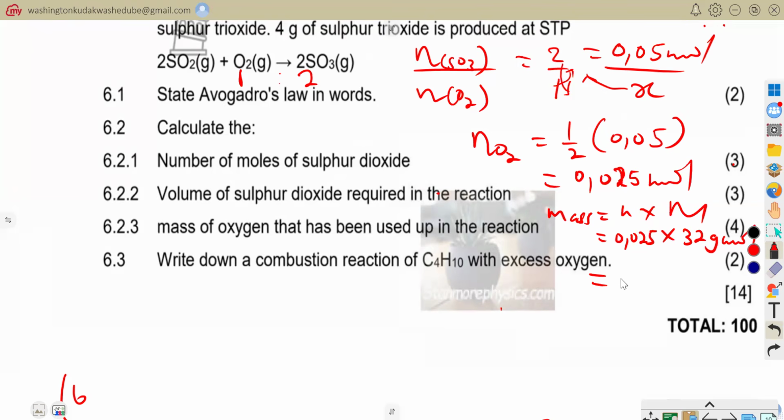So this one was going to be equivalent to 0.8 grams.